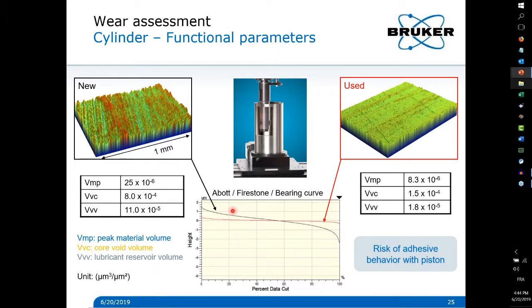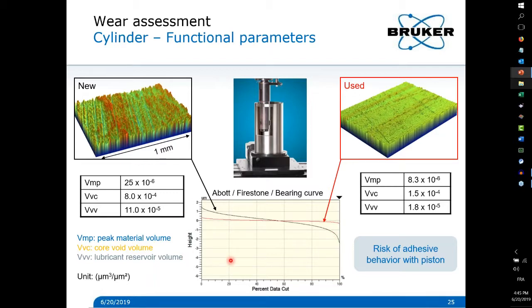What we can see here is that we will use the bearing curve, or so-called Firestone graph or Abbott curve, where we plot the probability for a point to be at a certain height. You always start from the left where the peaks are, and at the bottom is where the valleys are.